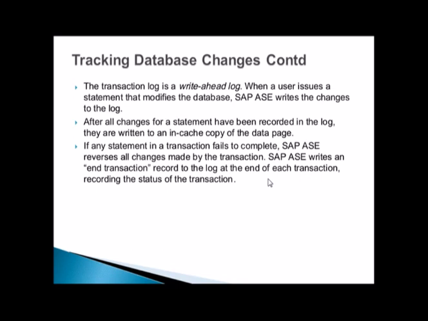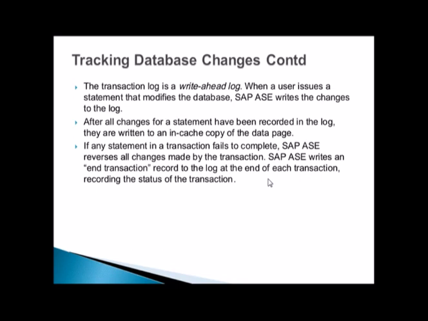Tracking database changes. The database transaction log is a write ahead log, meaning when a user issues a statement that modifies the database, SAP writes the changes to the log.